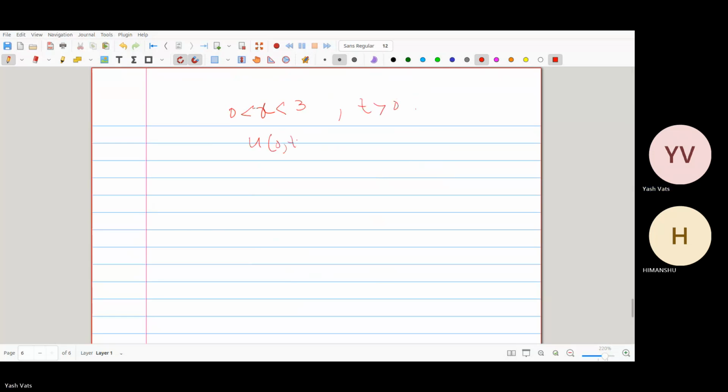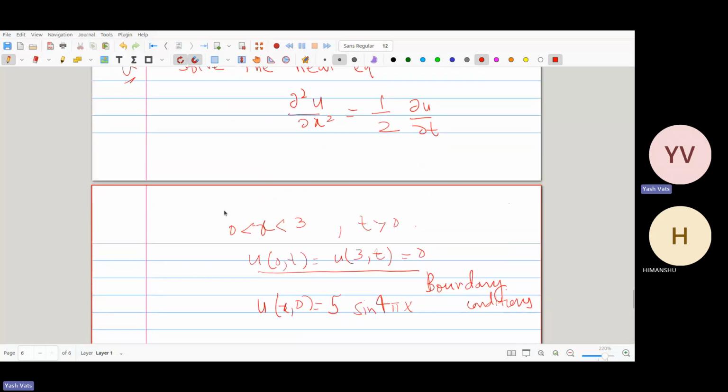U(0,T) equals U(3,T) equals 0. I think you know about these conditions, right? Those are called the boundary conditions. And U(x,0) is just 5 sine 4 pi x. That is the initial condition.